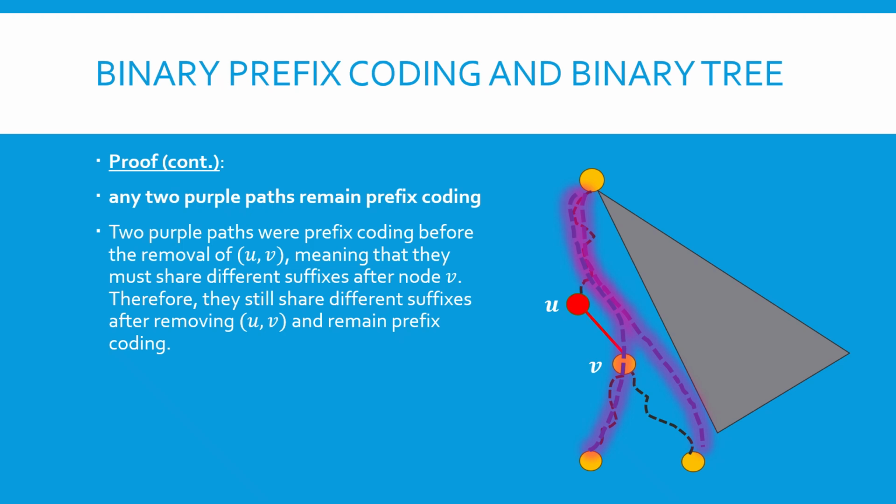Therefore, the two root-to-leaf paths must diverge somewhere after node V, meaning that they have different suffixes starting at V. Removing UV only deletes the common prefix segment up to V. It does not change the part of the path after V. Hence, the two paths are still different, and neither can become a prefix of the other. Therefore, the two purple paths still correspond to prefix coding.